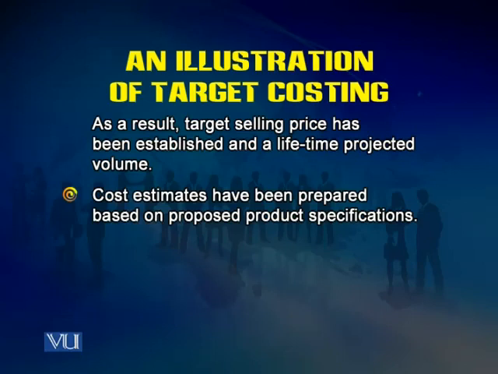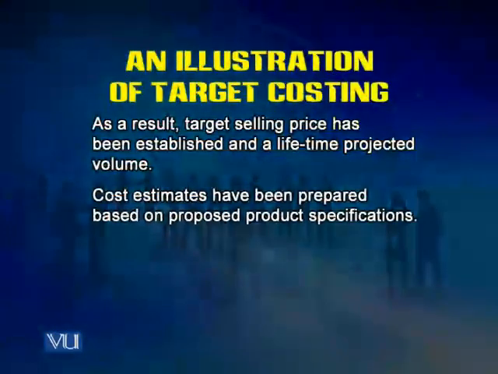Let us examine the effect and benefits of target costing in an organization. We have said that this is the microelectronics company. It is going to produce new video cameras, and it is examining ways in which it can reduce its cost. There is a target selling price, and even the lifetime of the product has been established.